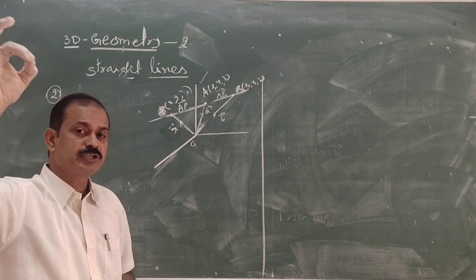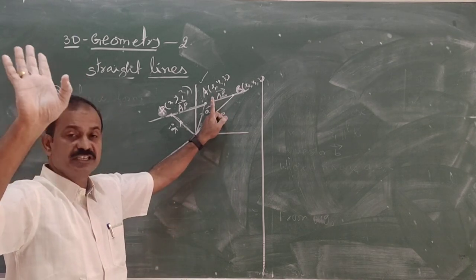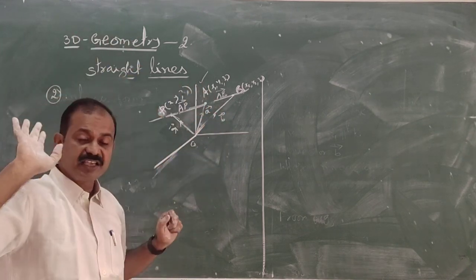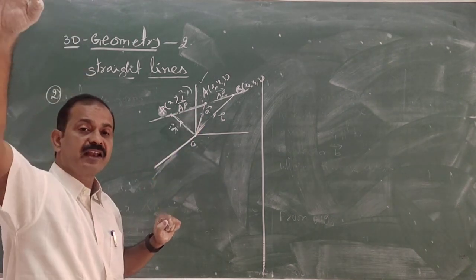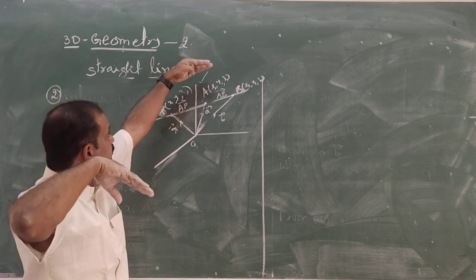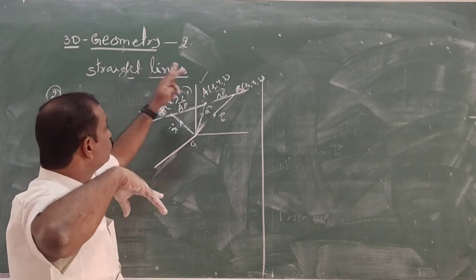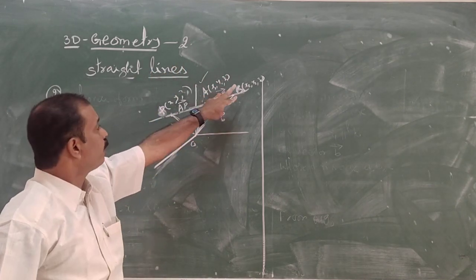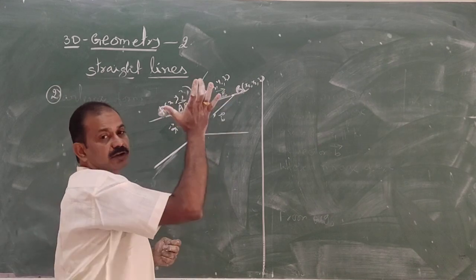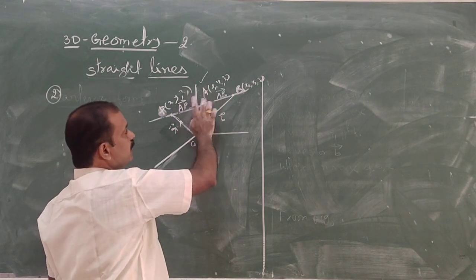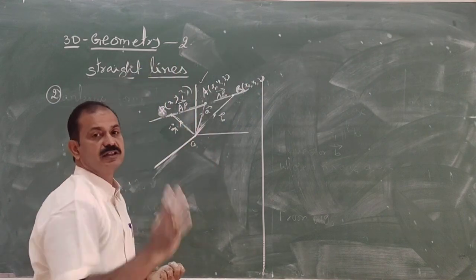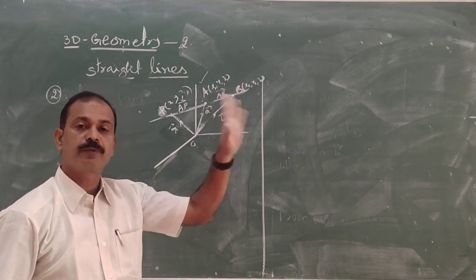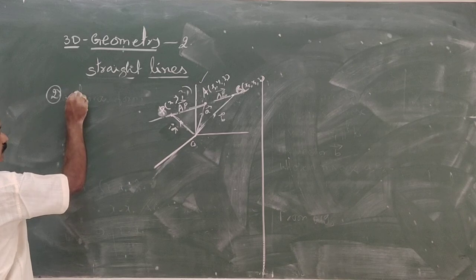A line passing through a point, so one point is required, so I am taking A. So the vector is AP. A specific parallel vector we don't have, but two points are given. When two points are given, consider the vector AB. AP and AB are lying on the same straight line, therefore AP will be parallel to AB. That's all. Proof is over.